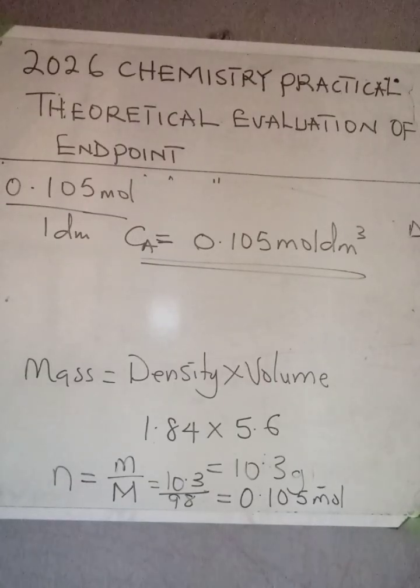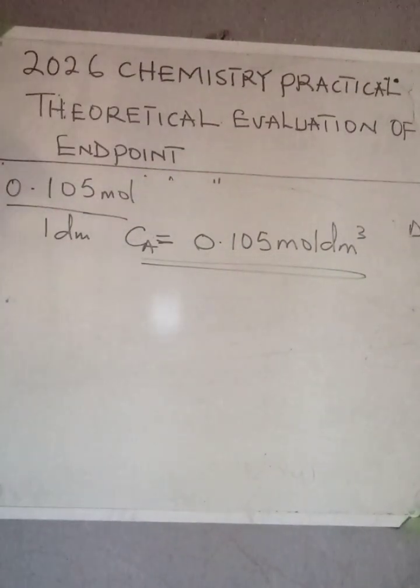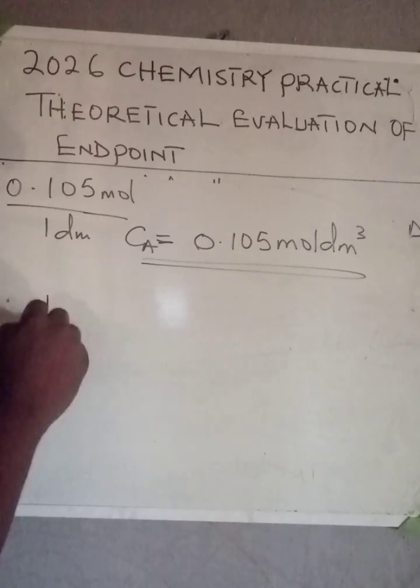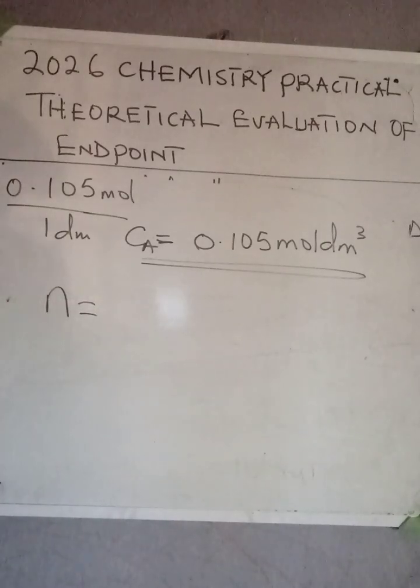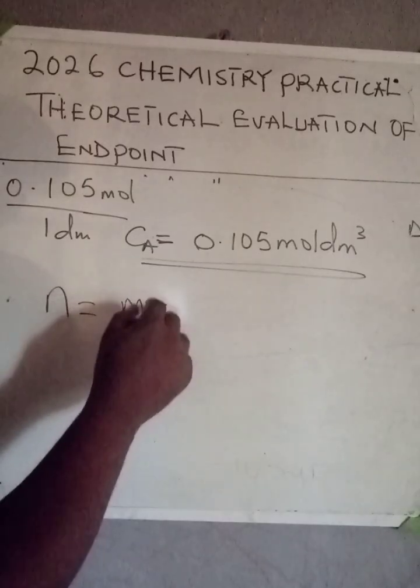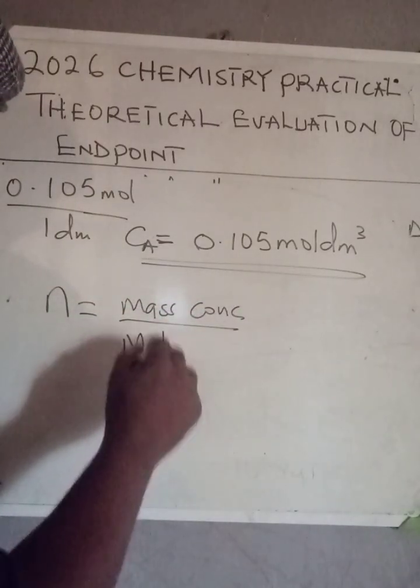So the next step in our calculation will now be to calculate the concentration of the base, which is sodium hydroxide. To find the concentration of the base, we'll simply use the data provided. We are given 4.0 grams of sodium hydroxide in 1 dm cube of the solution. That is obviously the mass concentration. So to find the molar concentration, we'll do mass concentration over molar mass.